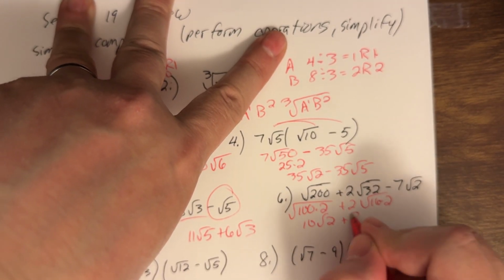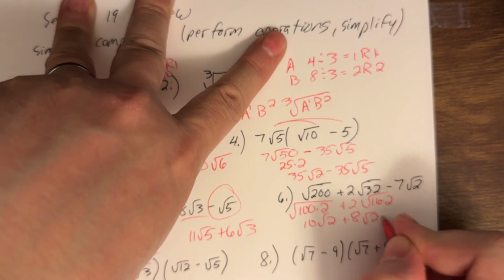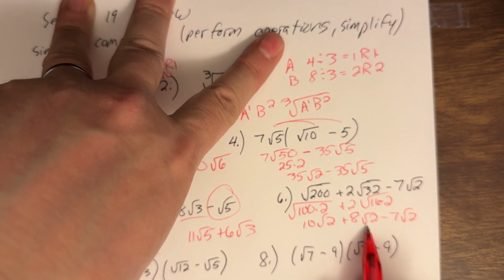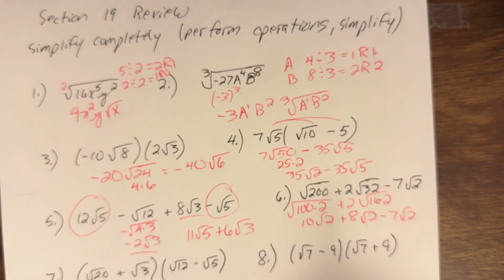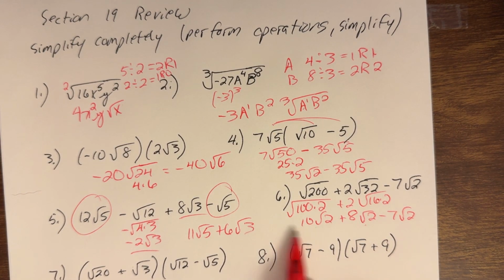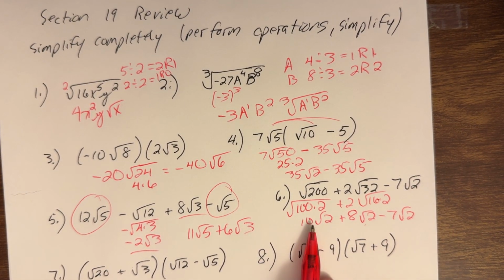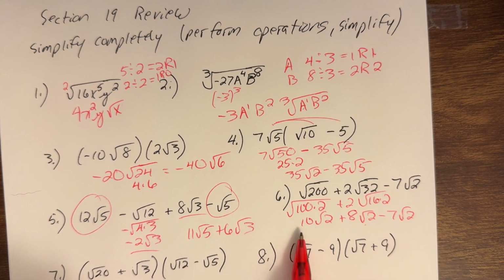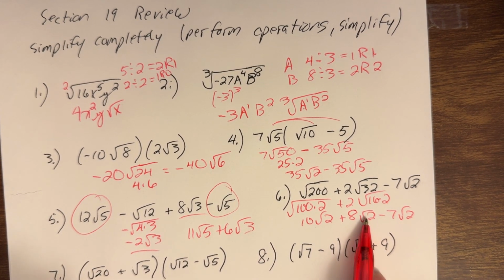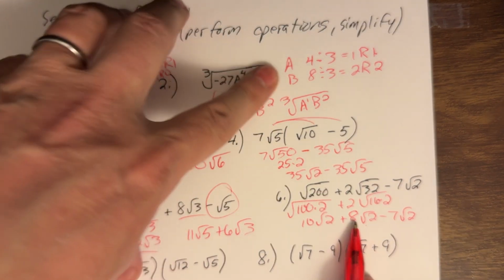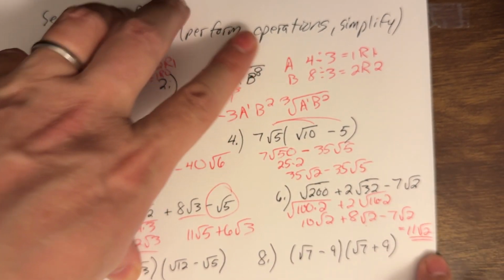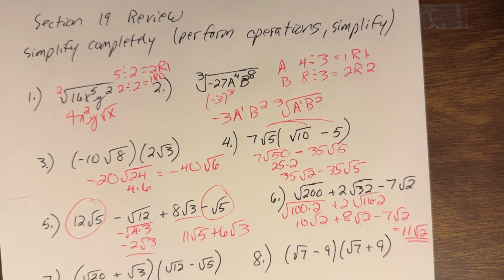It's 2 times 4. Gives me an 8. So I've got an 8 radical 2 from here. And that minus 7 radical 2 is still there. Well, now just keep going. 10 radical 2 plus 8 radical 2, they're all like terms, I should point out. So 10 radical 2 plus 8 radical 2 is 18 radical 2 minus 7 radical 2 equals 11 radical 2.